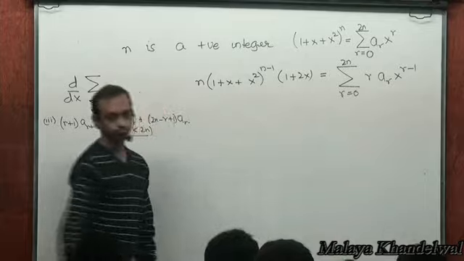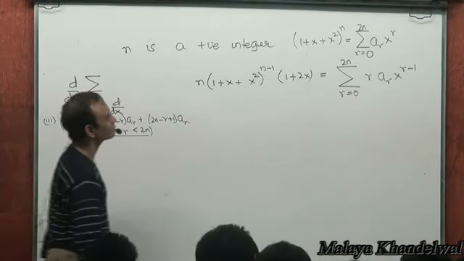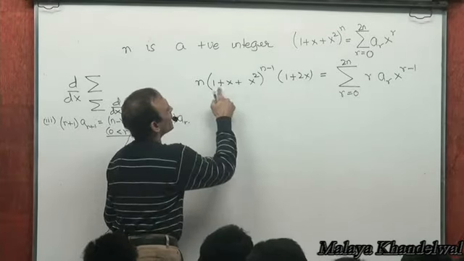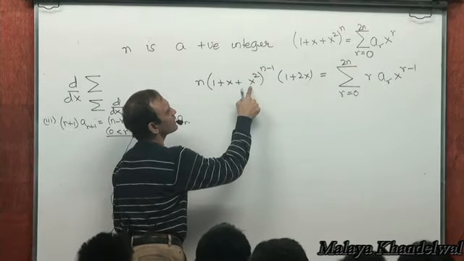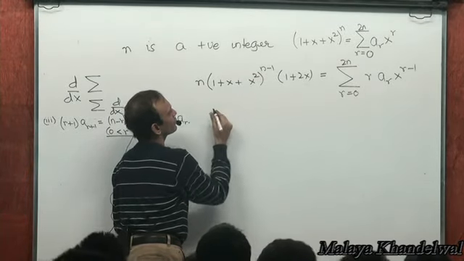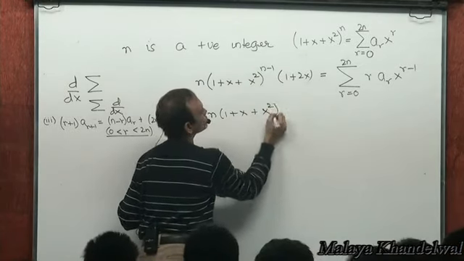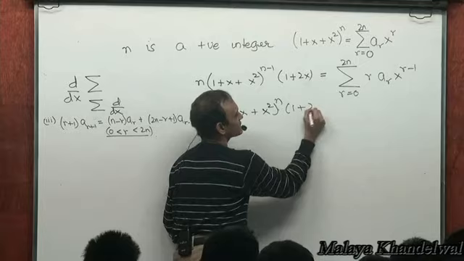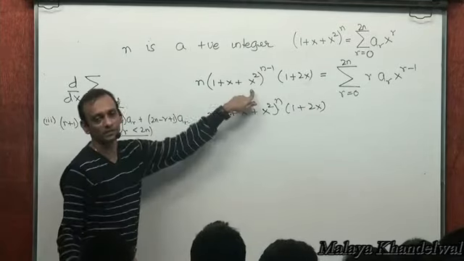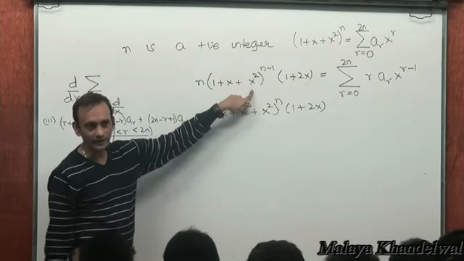Now I multiply throughout by 1 + x + x². Then I get n into (1 + x + x²)^n into (1 + 2x) as the left hand side when I multiply with 1 + x + x².